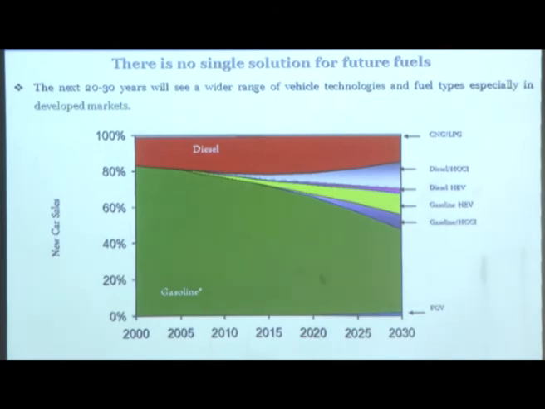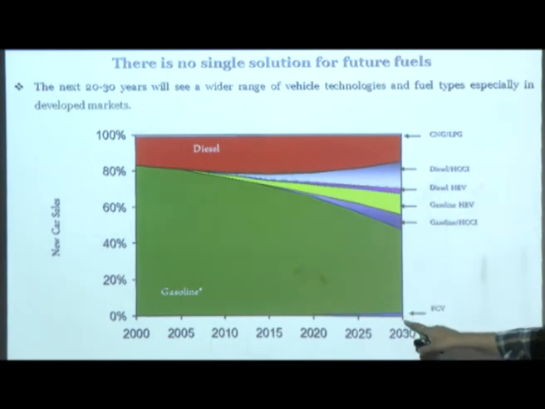If you look at the fuel, there is no single solution for future fuels. This just shows the technology for cars. What kind of technology cars will be sold? Again, a 30 year projection. You know now fuel cell cars are coming. Fuel cell cars will be very, very small towards 2030 because their cost is still extremely high.